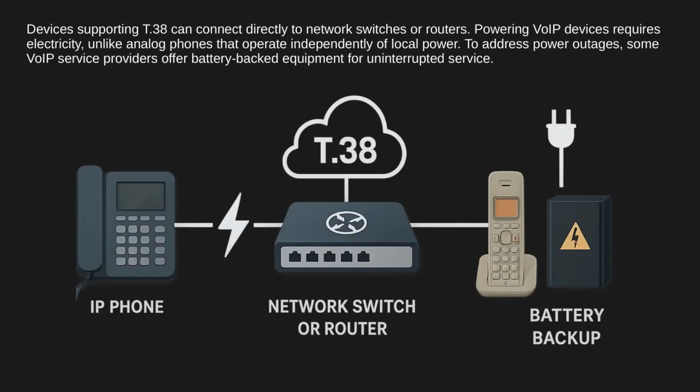Devices supporting T.38 can connect directly to network switches or routers. Powering VoIP devices requires electricity, unlike analog phones that operate independently of local power. To address power outages, some VoIP service providers offer battery-backed equipment for uninterrupted service.